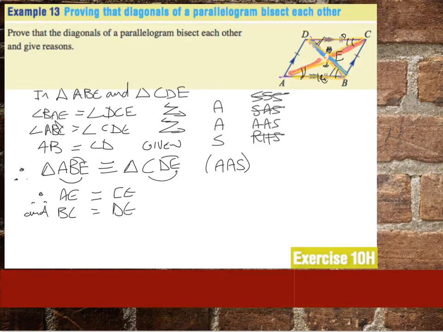And the reason I can say so is congruent triangles. So look carefully at what they say. We say because this triangle is congruent to that triangle in this order, AE must be the same as EC, and DE must be the same as EB.